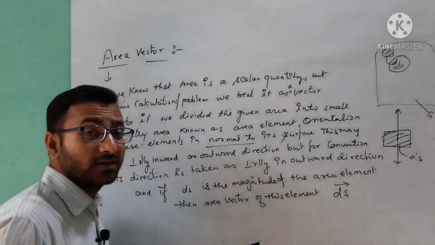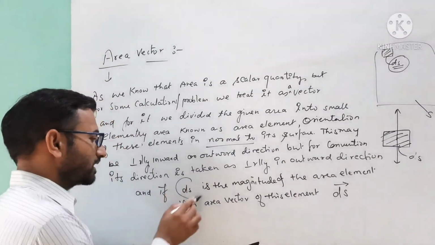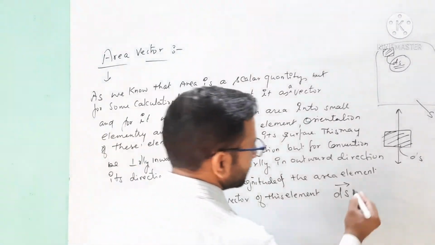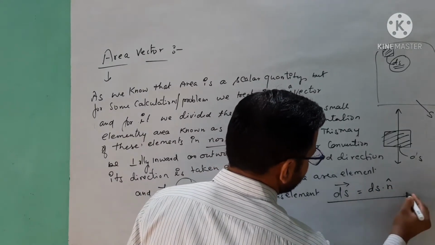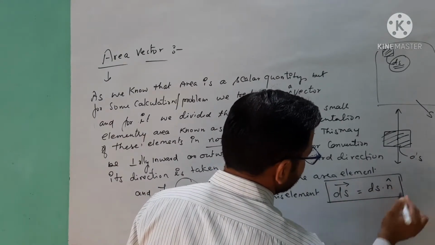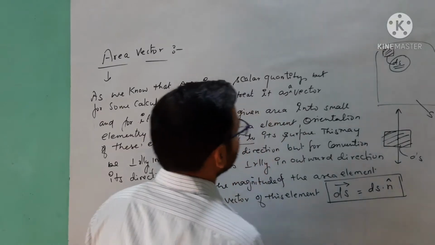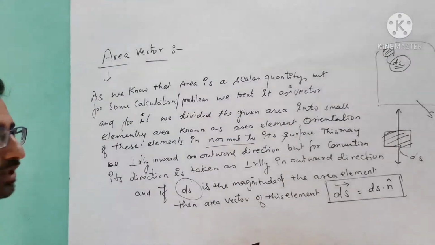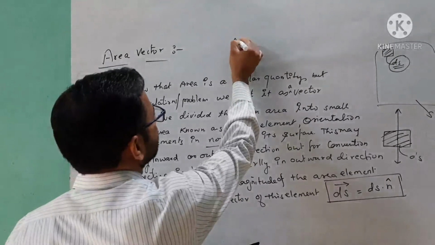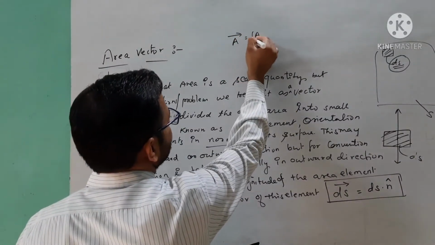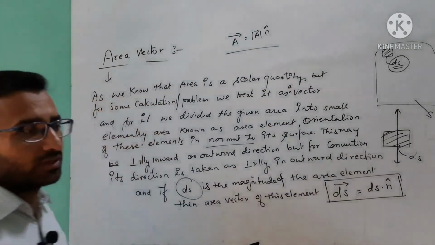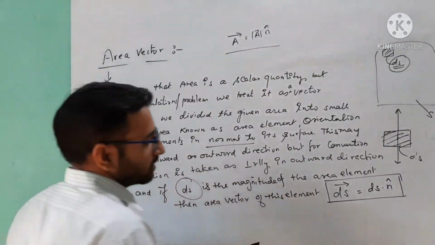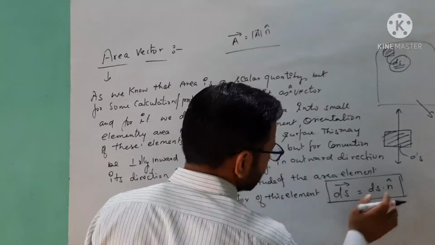We will represent the area vector for this elementary area as ds vector equals ds into n cap. Here ds into n cap means the magnitude with its unit normal vector. As we know, the representation of any vector can be written like this, so we write the area vector with this formula.